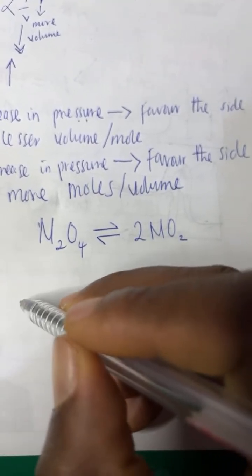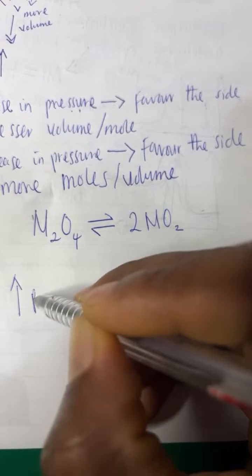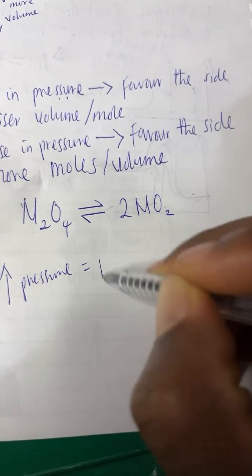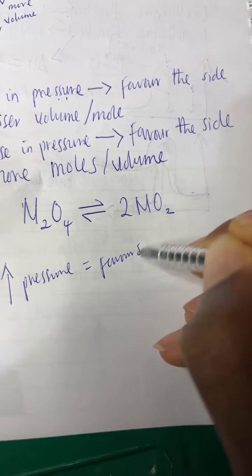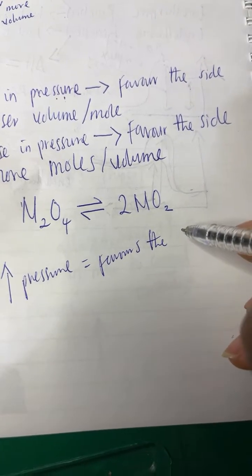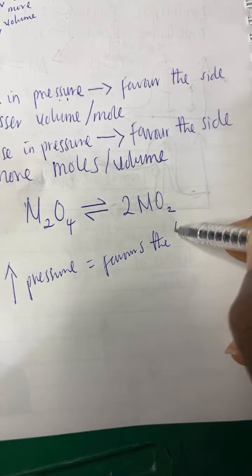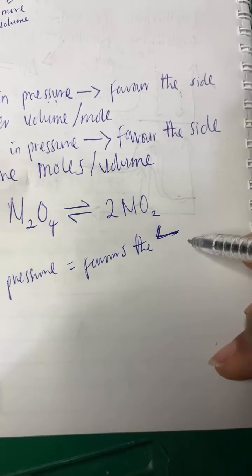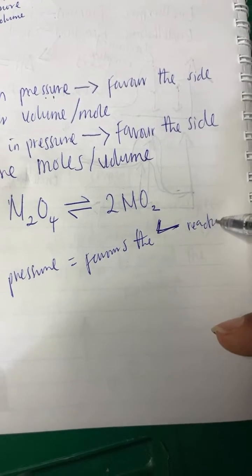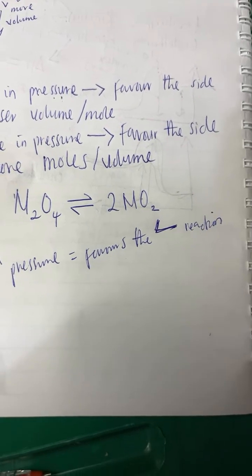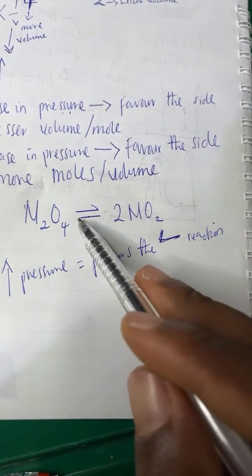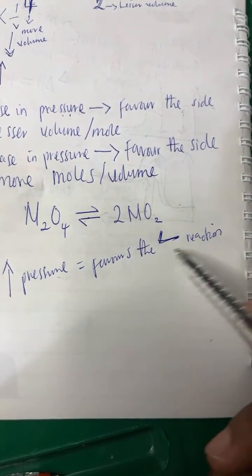If there's an increase in pressure, it will favor the backward reaction. I'm going to write my backward reaction like this. If there's an increase in pressure for this particular equation, it will favor the backward reaction.